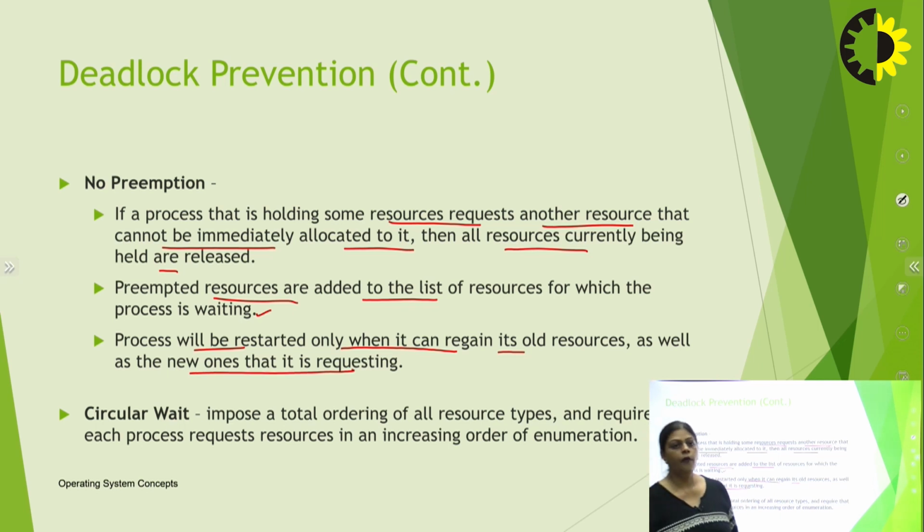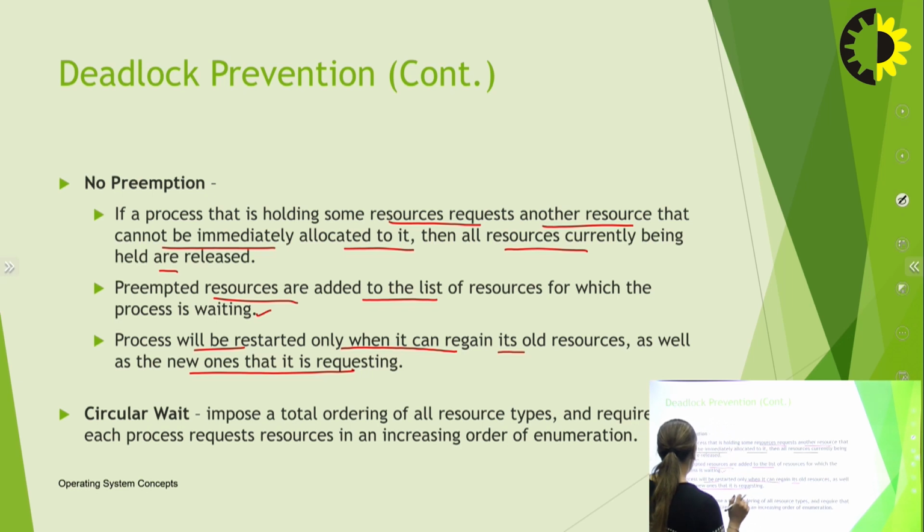Now what will happen if the process wants to restart? Suppose he is getting all the resources which he is demanding. He has to acquire all the old resources also. When he gets all the resources at one time, only then will it run.